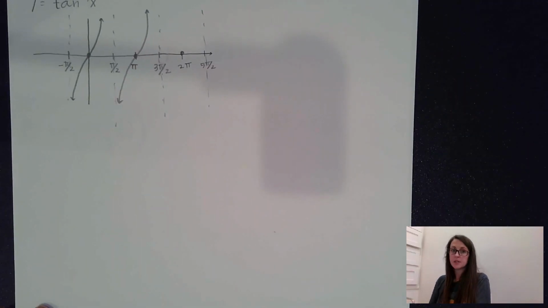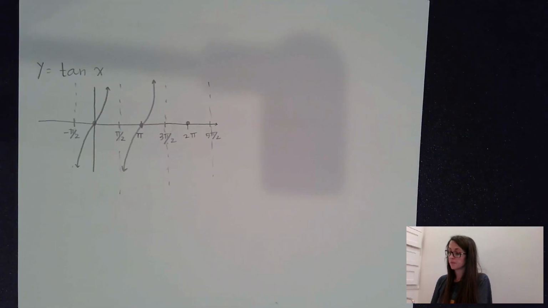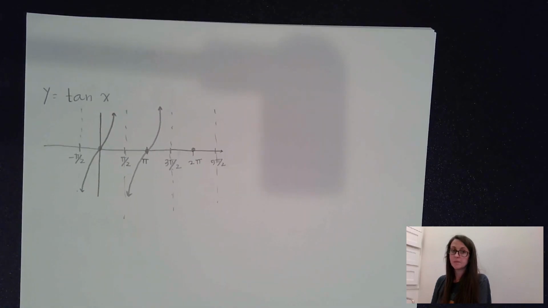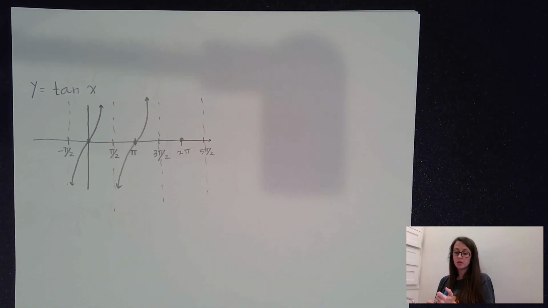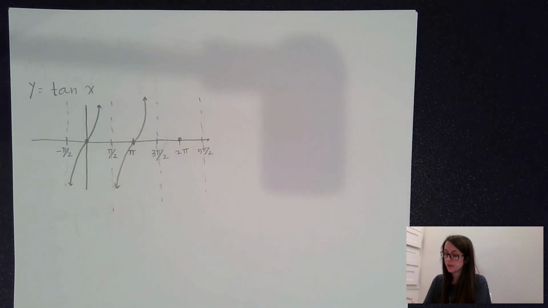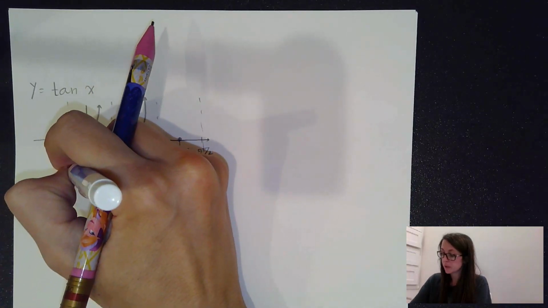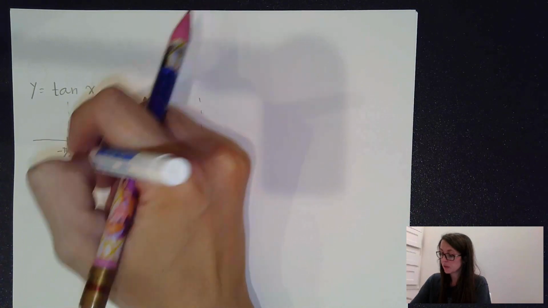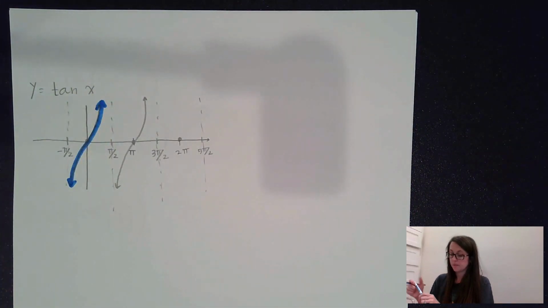All right, so what about tangent? Remember, arctan, I told you, lives in quadrant 1 and quadrant 4, right? If I were to draw a horizontal line, it would touch everything, so it is going to be restricted to here.